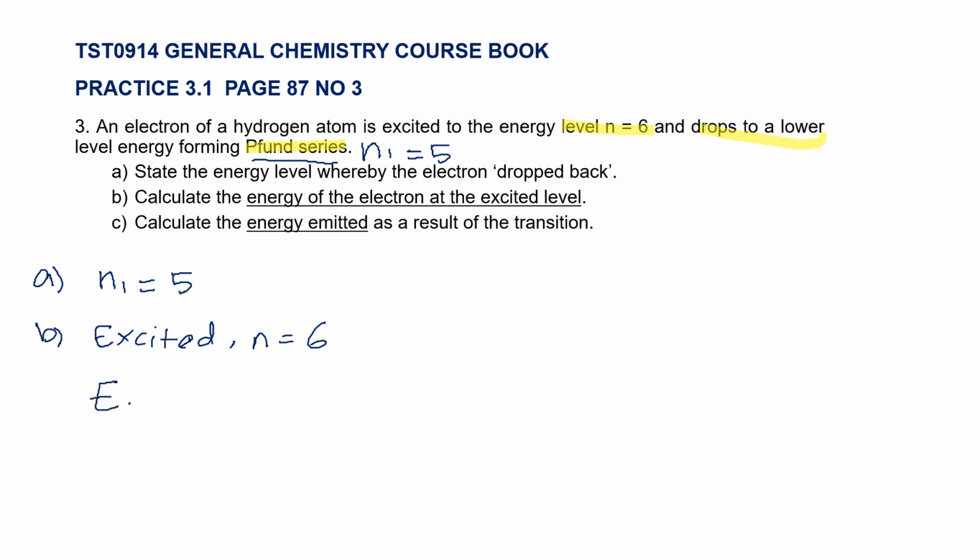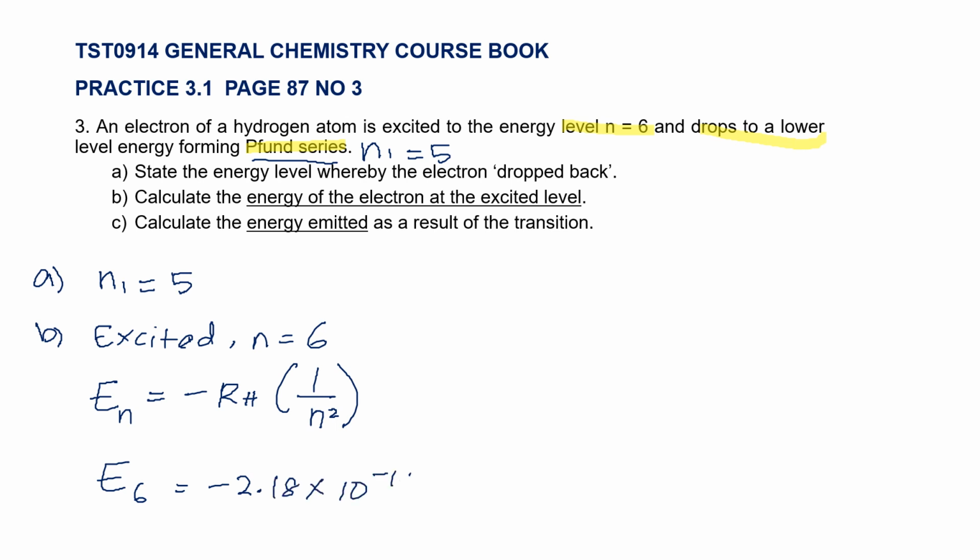We want to calculate it at N equals 6, so E6 equals negative RH, which is negative 2.18 times 10 to the power of negative 18 joules, times 1 over 6 squared.